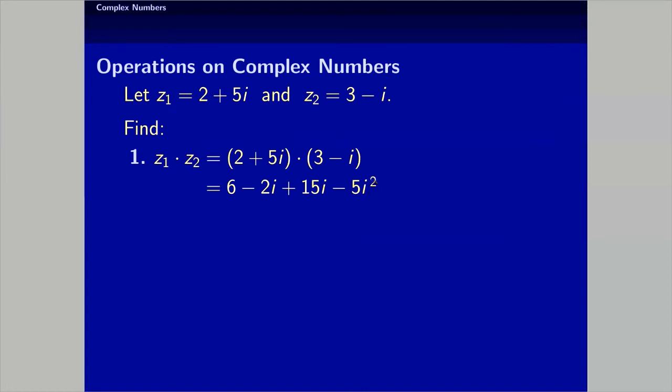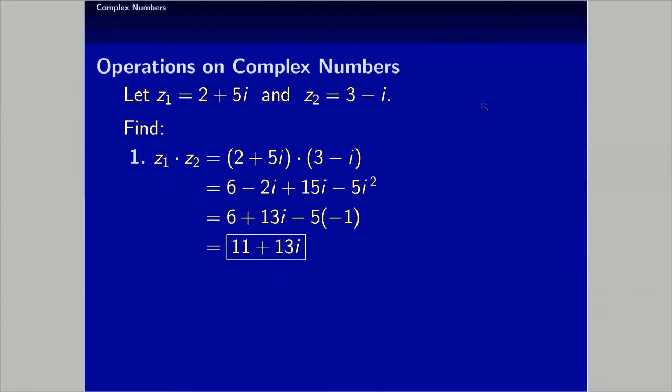What is I squared? I squared is equal to negative 1. That's why we have this. And then finally, negative 5 times negative 1, you get positive 5. Positive 5 plus 6, you'll get 11. So you'll have 11 plus 13i. You see, the final answer is always written in a plus bi form.